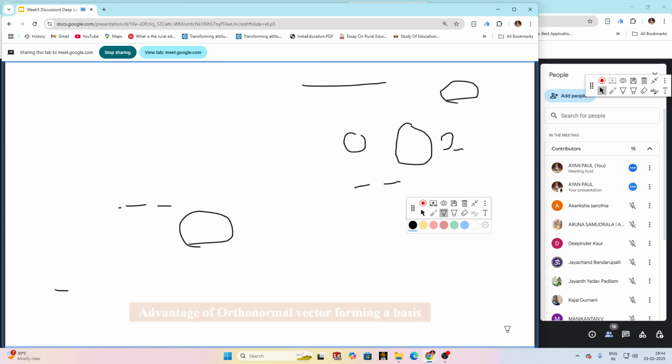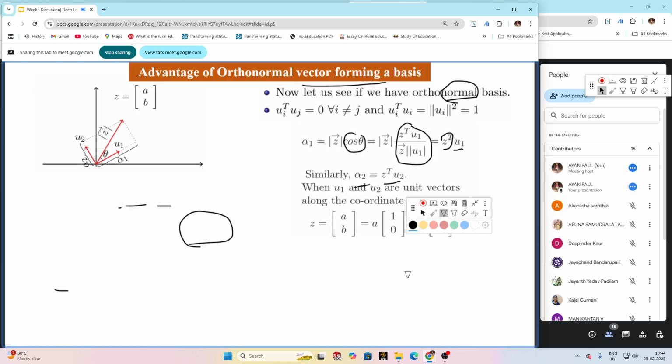So for that, what we have done is we have tried with orthonormal vectors. If we are projecting our data onto an orthonormal vector, then alpha 1 can be calculated easily. That is the transpose of the point multiplied by the principal component vector.